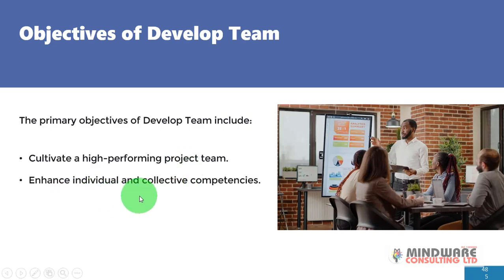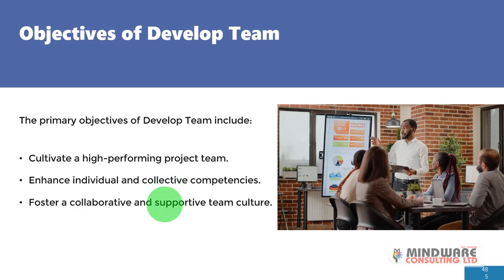Enhance individual and collective competencies. Update their competencies, strengthen the competencies that are required to get the job done, and done very well. Foster a collaborative and supportive team culture. These objectives are very critical: a high performance team, a competent team, and a collaborative and supportive team culture.